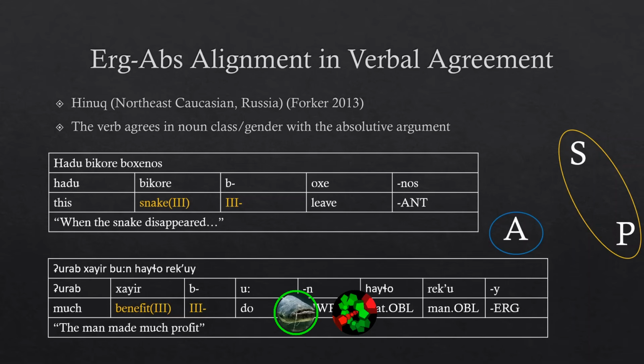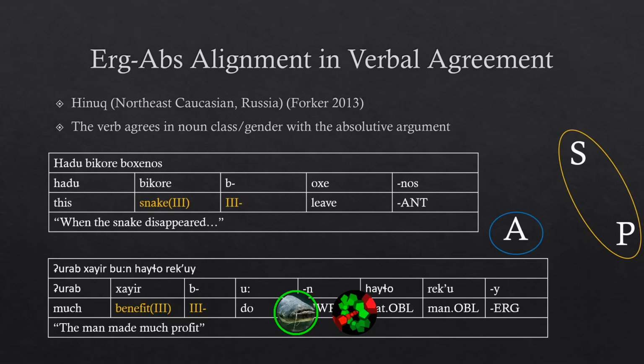This language is not an example because we actually have this ergative case suffix on man, so both case marking and verbal agreement are ergative-absolutive. I don't know any examples off the top of my head, but I'm pretty sure there are languages that are absolutive in verbal agreement and accusative in case marking.